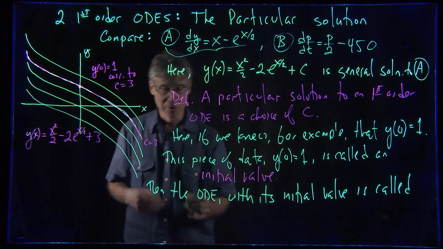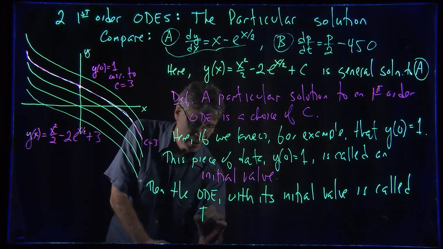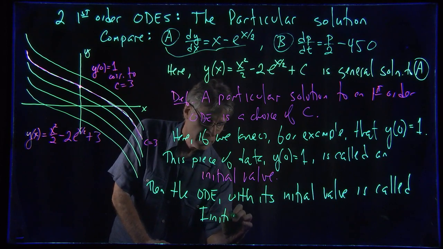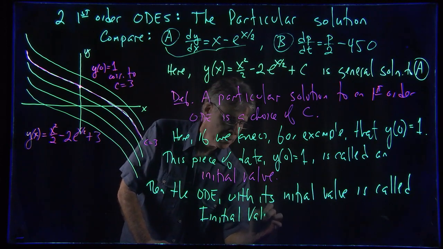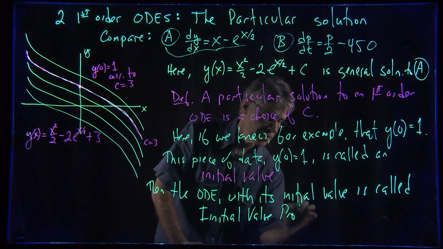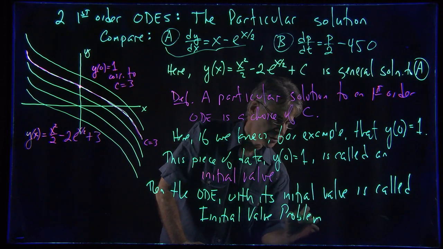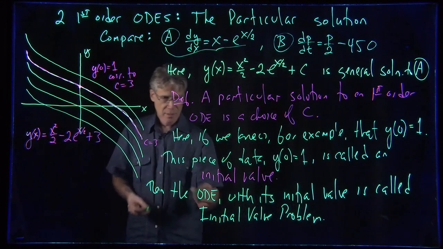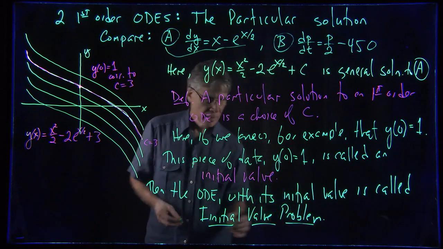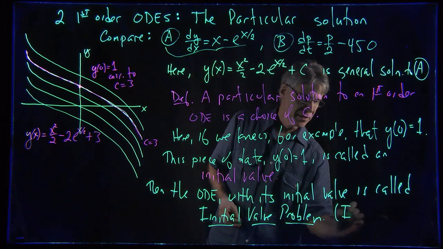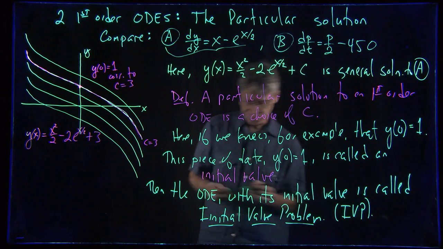we have a name for that actually because it shows up so much in differential equations. It's called an initial value problem. Because I guess all the really more interesting names were taken. And we just tend to call it an IVP.